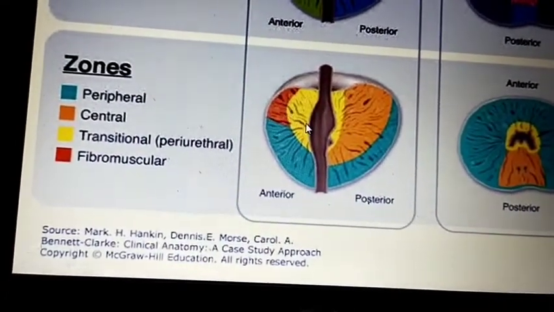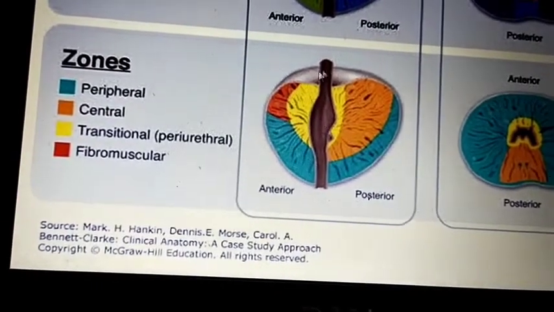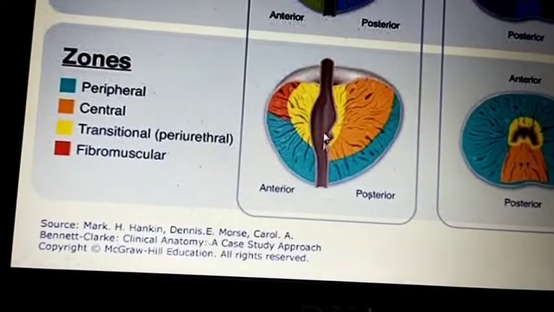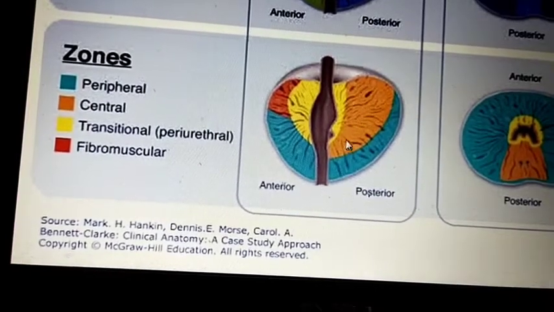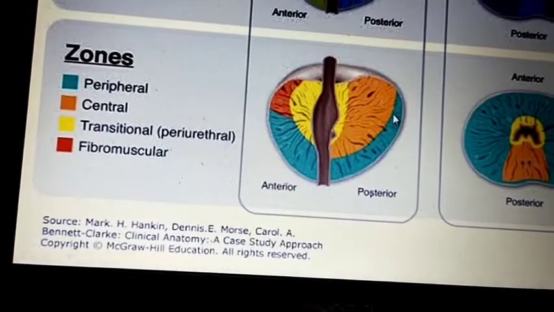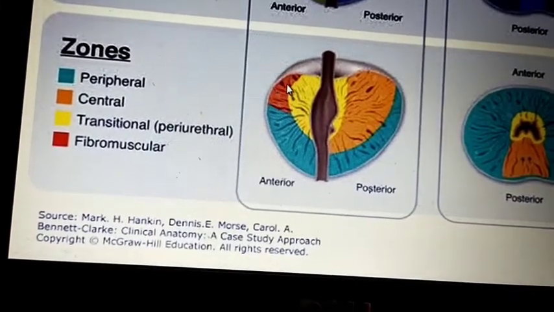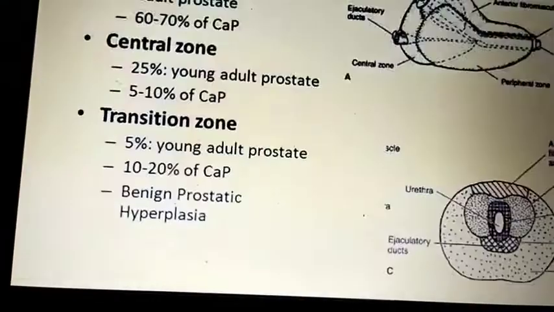The transitional zone mainly covers the urethra, that's why it is called the transitional zone. Just below that we can see the central zone, and surrounding the central zone, everything is the peripheral zone, and the anterior part is called the anterior zone or fibromuscular zone.